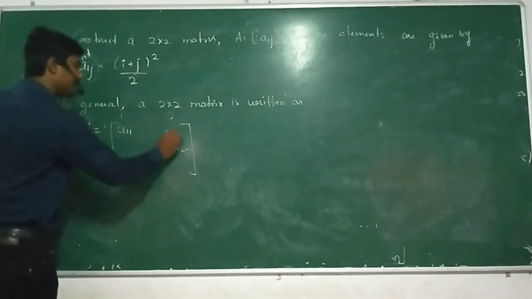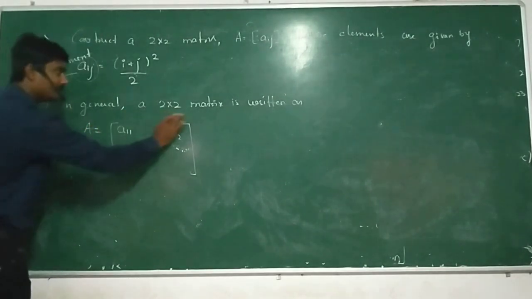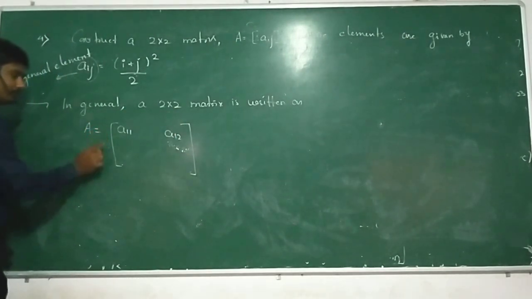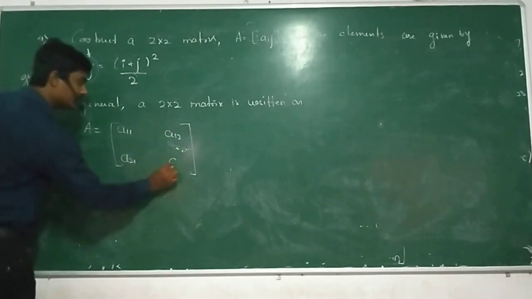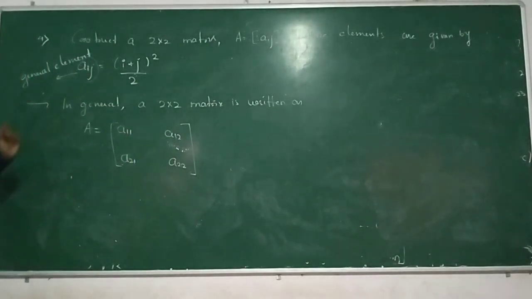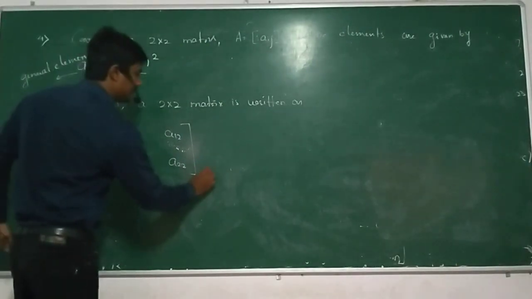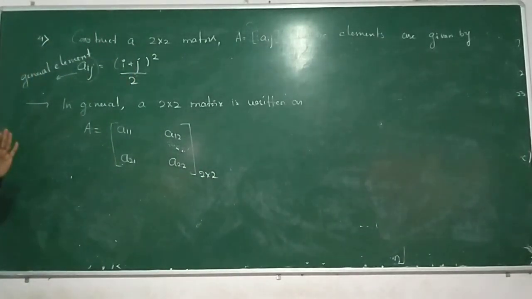Here the element is A12. You need not mention these things; for your understanding, I am writing down row 1, row 2. Here the element position is A21. Here the element position is A22. So this is the general representation of a matrix of order 2 by 2.